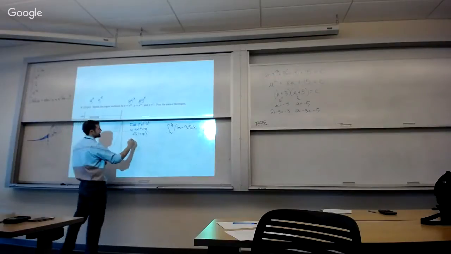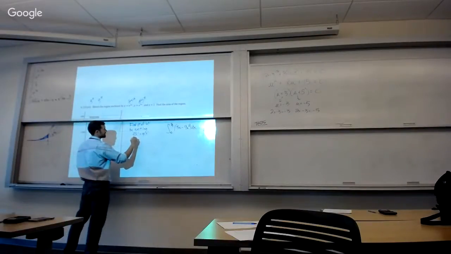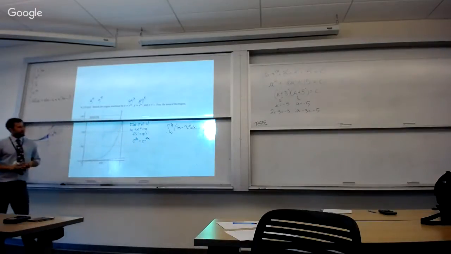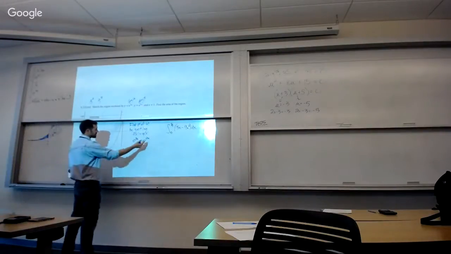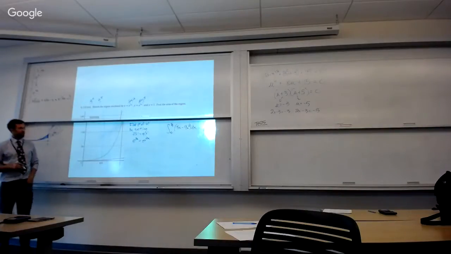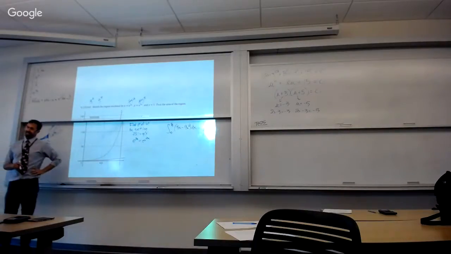So we would just set e to the 5x equals e to the 2x. Well, this is a bummer. What do we do? What do you all want to do? You actually are allowed to do that.